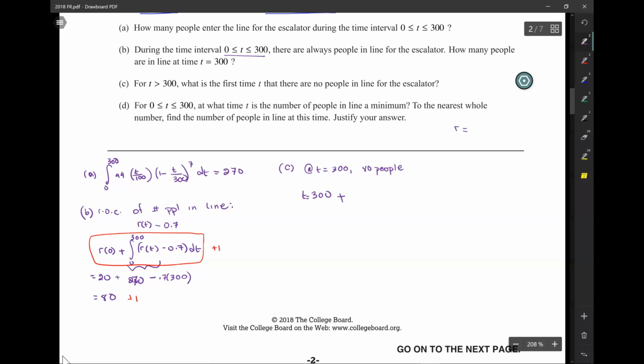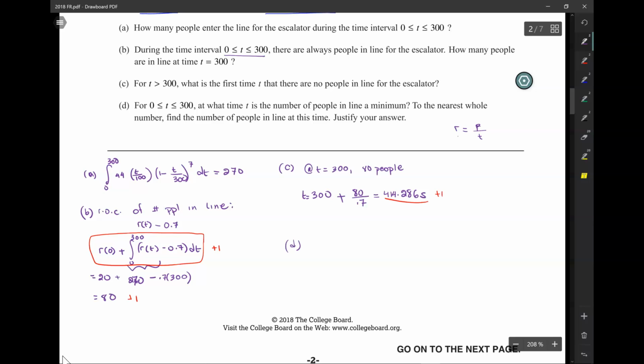Rate is equal to the number of people over time, and what you want is time, so that's the number of people over the rate. And that's going to be 414.286 seconds. And this is just 1 point for the answer.